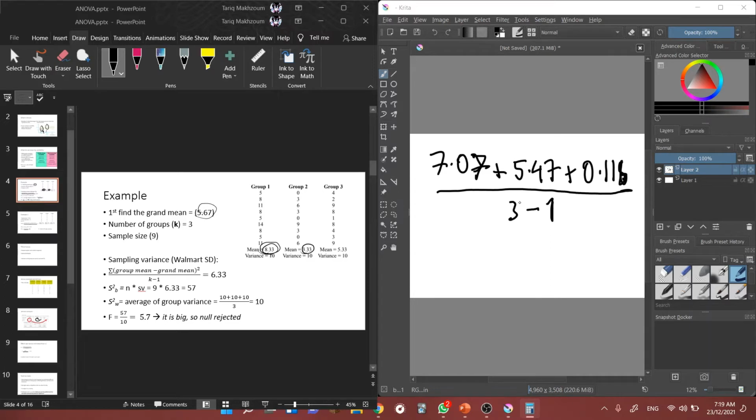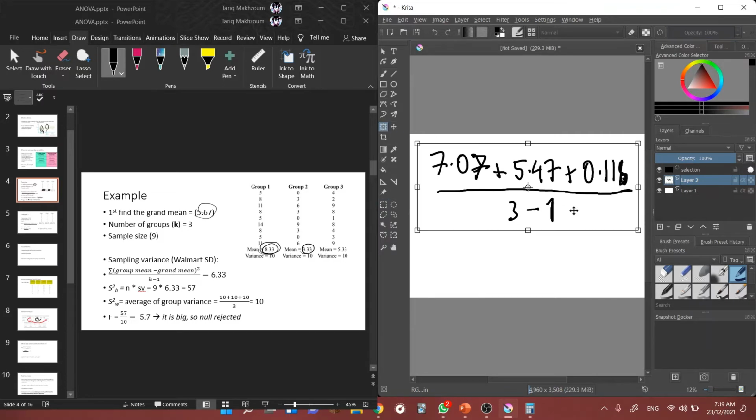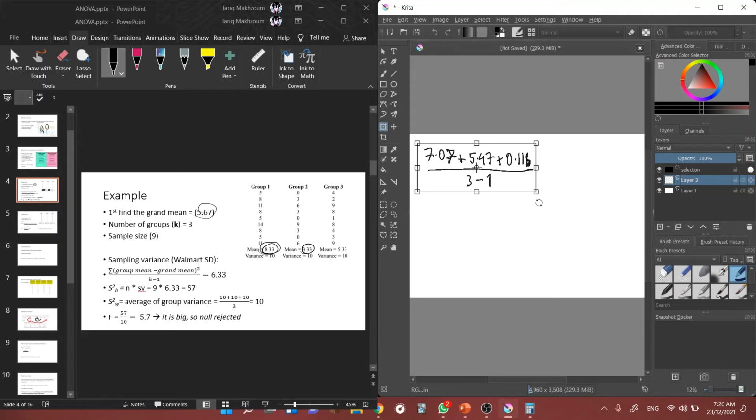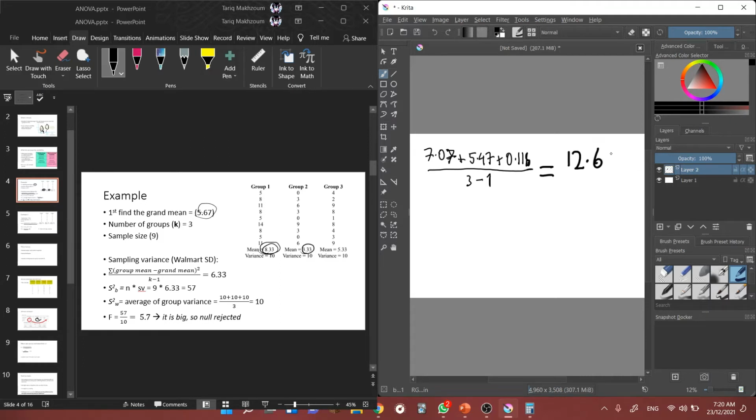Okay, so what that's going to look like is you're going to do 7.07 plus 5.47 plus 0.116, and that's going to look like 12.66, and then we're going to divide that by 3 minus 1, or divide it by 2.